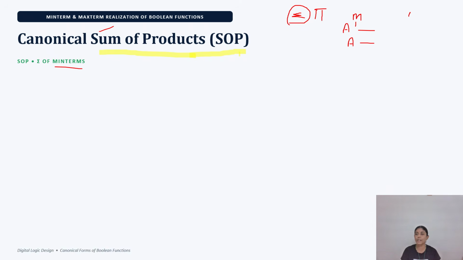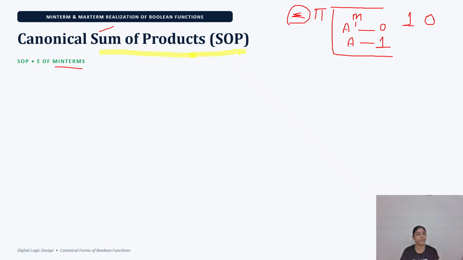How many logical representations do you have? Logical representation 1 and logical representation 0. A dash is considered the complemented form and A the uncomplemented form. The uncomplemented form is represented by the letter 1 and the complemented form by 0. So this is the minterm realization I gave you in the last session.